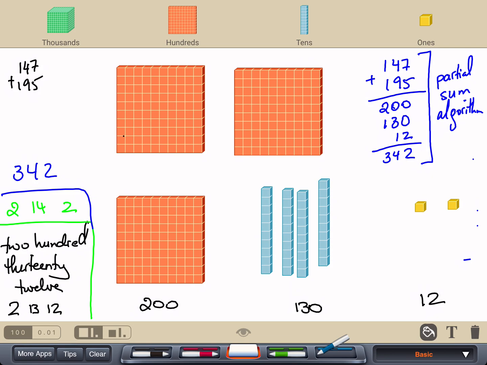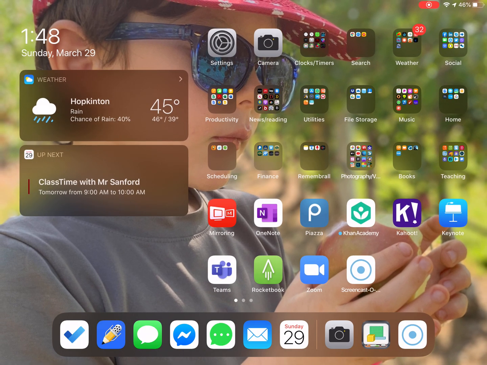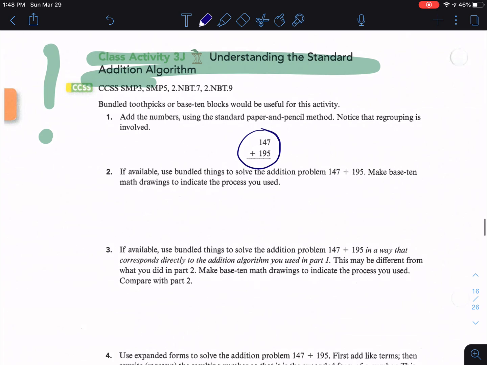Now, let's go back to our standard algorithm and see what happens with that. If we have 147 plus 195, in the standard algorithm, we go from right to left. Why right to left is a good question.